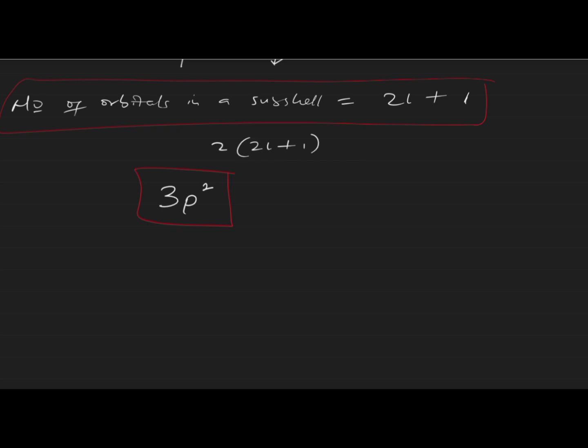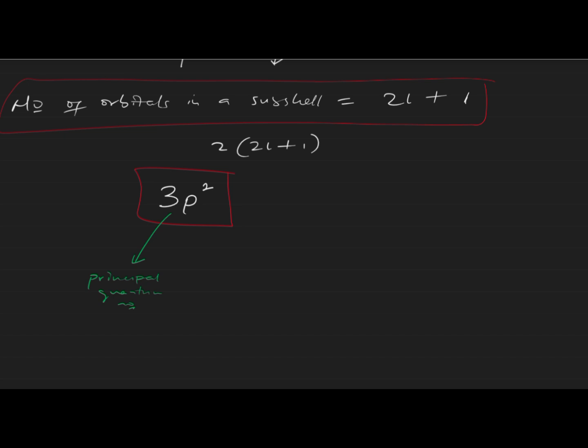Now this 3 here is actually indicating the principal quantum number. So for 3p2, this electron is contained in the third energy level.